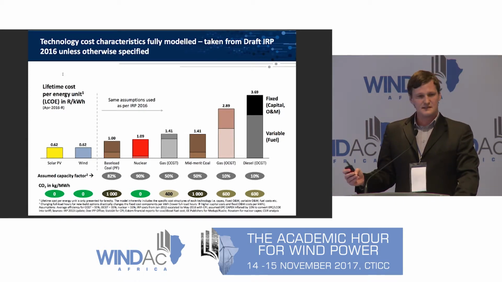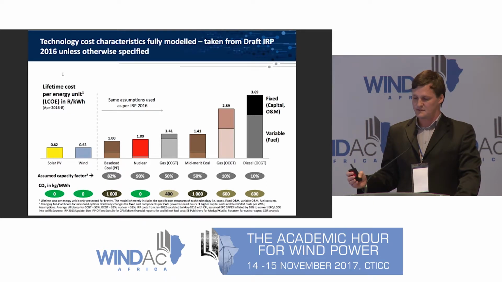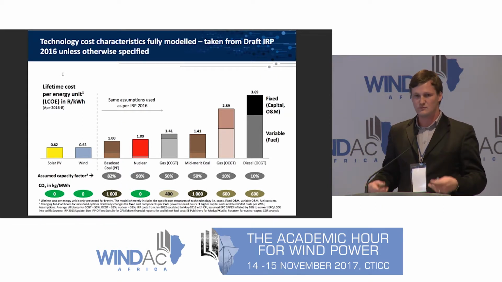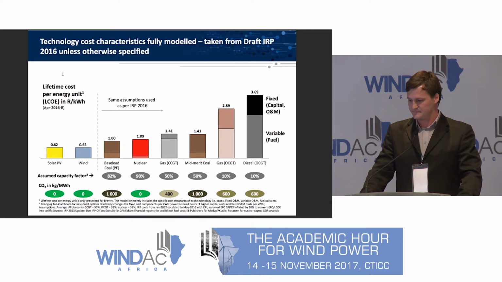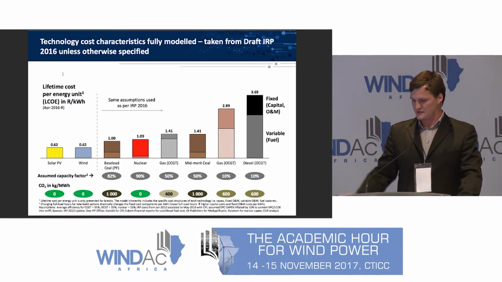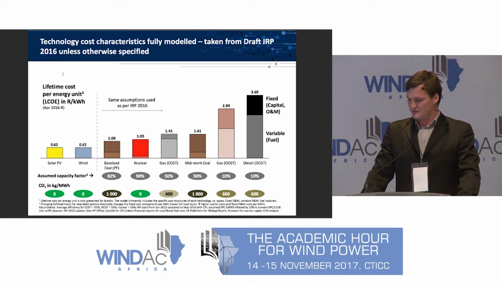But the model doesn't necessarily make any implicit assumptions about what that capacity factor needs to be. It inherently optimizes that capacity factor and chooses any new build technologies that you need to build into the future, into the energy mix. I've also just noted the CO2 intensity of each of the different new build generators at the bottom there, but more detail you can find in the paper if you're interested.